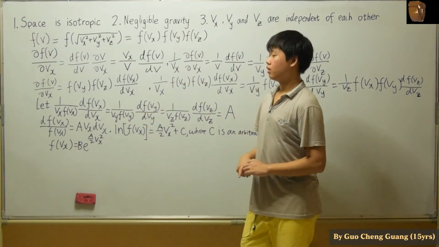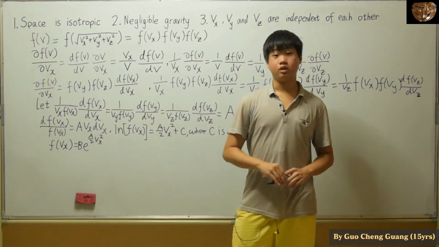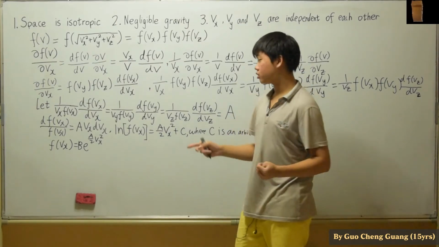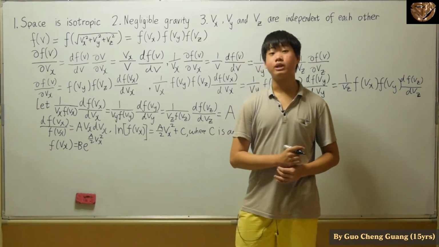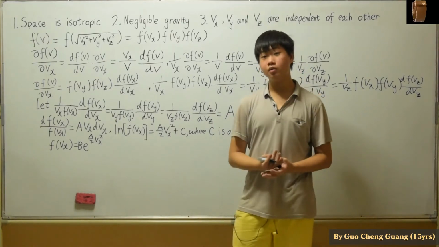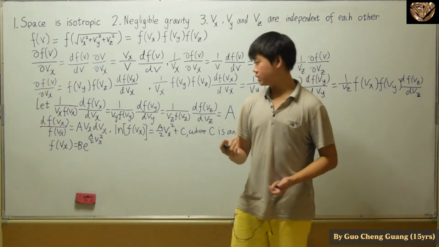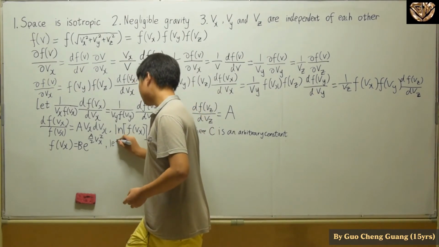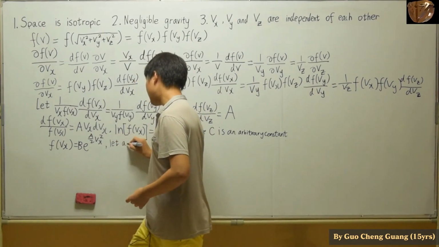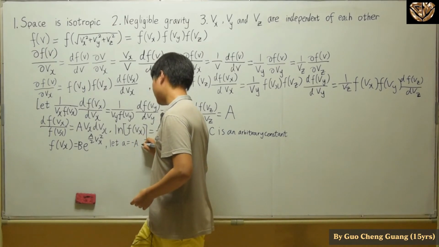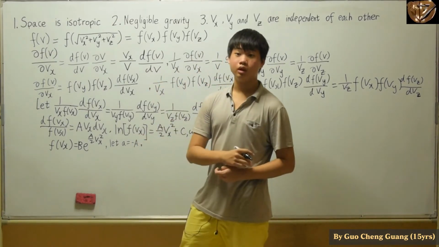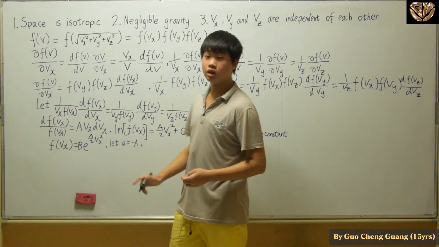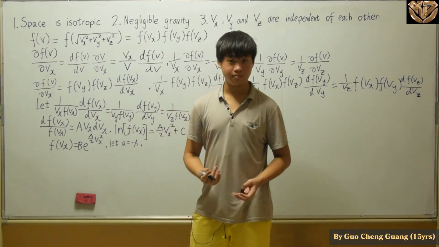But what else is there that we have to do? Of course, we would need to determine what b is. Now, how are we going to determine what b is? Firstly, you need a little substitution, which is let a be equal to negative a. Now, you might be wondering, how is this ever going to change anything?